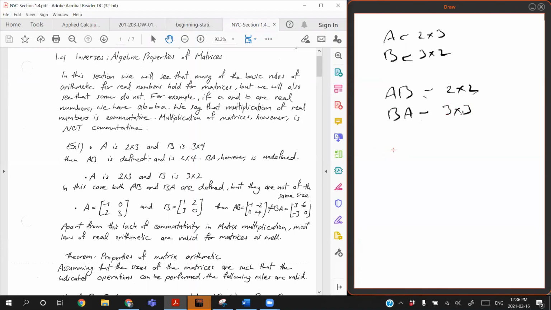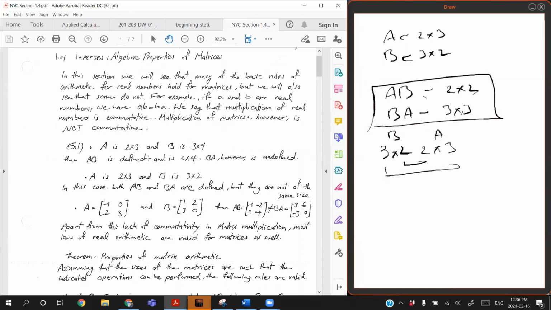Because if I put B and A, 3 by 2, and then 2 by 3, the inner dimensions are the same, and the product BA is going to be 3 by 3. So again, it would be impossible for these two matrices to be the same, because one of them is 2 by 2, the other one is 3 by 3. That's another counterexample showing that AB and BA are not generally the same.